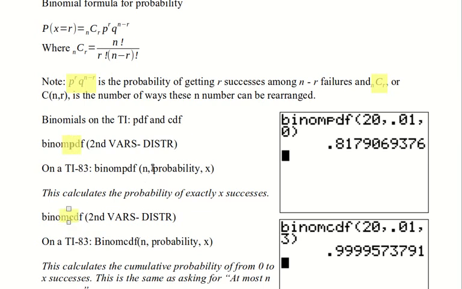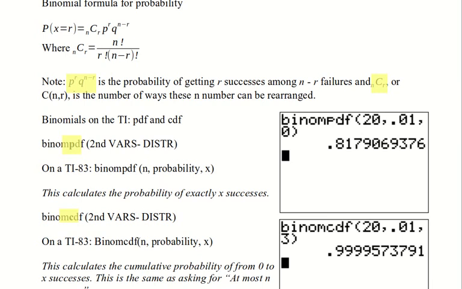So binomial probability distribution functions and binomial cumulative distribution functions. Both of these are in the variables button on your calculator that, when you press second, gives you distributions. This is very similar on a TI-83. You'll conjure up the binomial probability distribution function from the menus, and then you'll list n, the probability, and x.